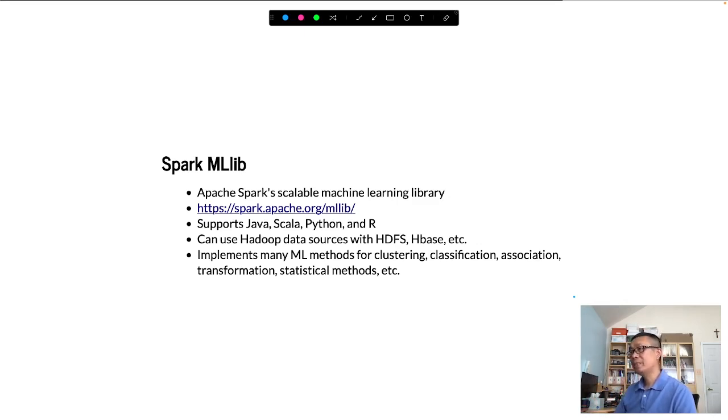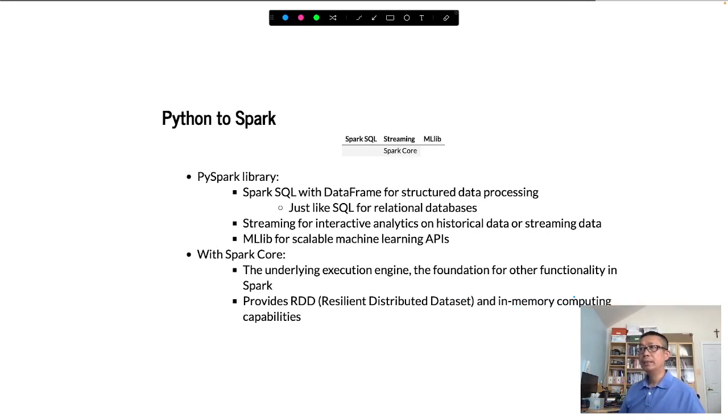It also implements many machine learning methods for clustering, classification, association, transformation, and statistical methods, just to name a few. So there are lots of implementations available in Spark MLlib, and feel free to try them out.